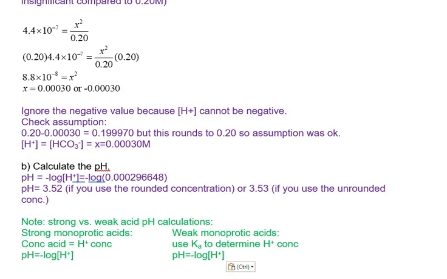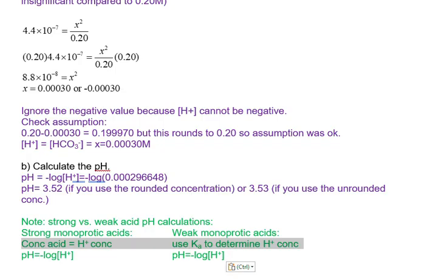For the weak acids, when we want to know pH, because they don't completely dissociate, we have to use one of these ice tables and figure out what is that hydrogen concentration. So this first step, so to speak, with the strong acids is just a straight one-to-one calculation, no work required.